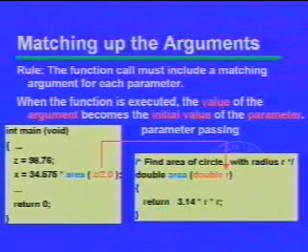That value, which is 49 point something, you can check me if you have a calculator, is what is sent to the parameter named r. Everywhere inside the function area, during that execution of area, the value of r will be 49 point whatever.